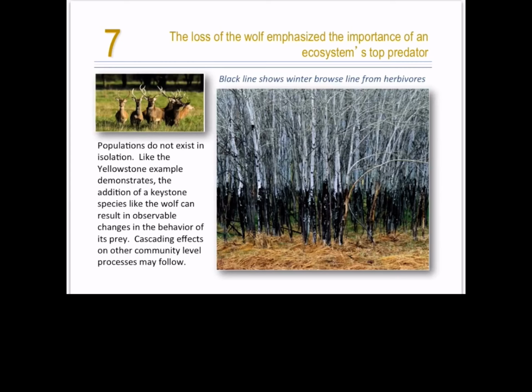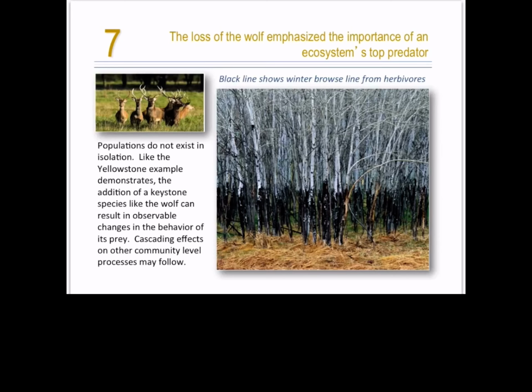So the snow would have covered the grass here. The elk were not able to reach the grass, so they fed on the different tree saplings in and around the park. As a result, they girdle these trees, essentially killing off these trees in the park. That's because you have high populations of elk, because there are no wolves there to keep those population numbers down.